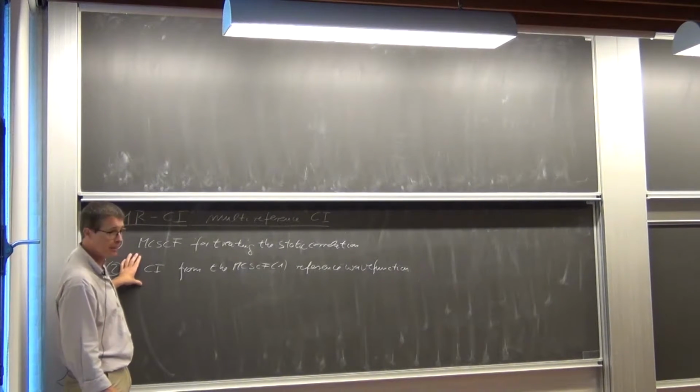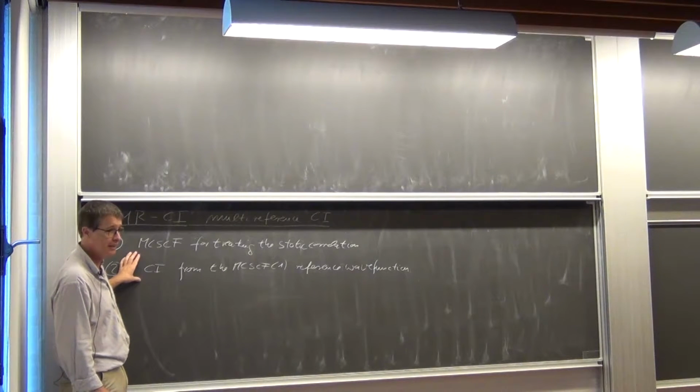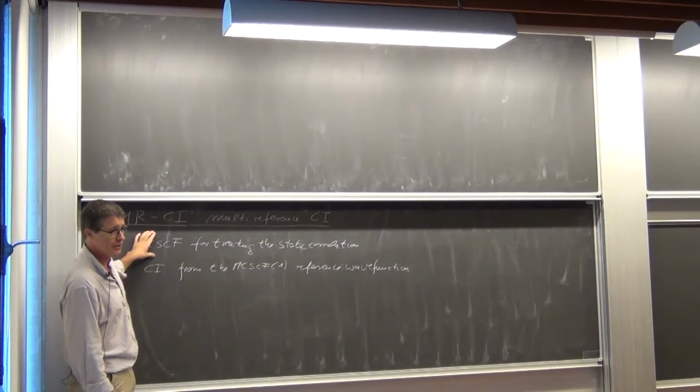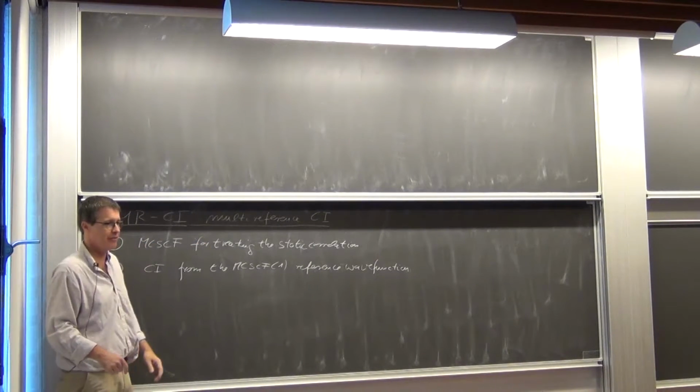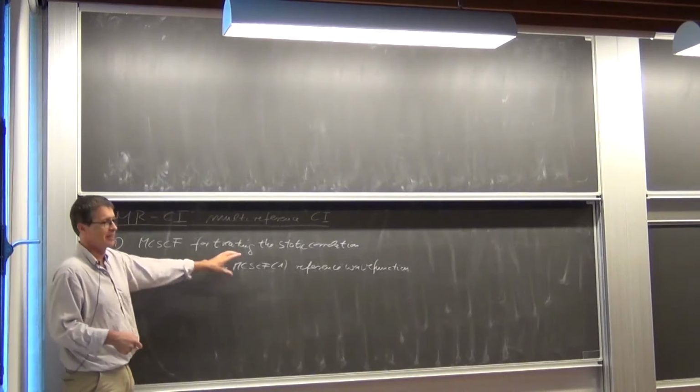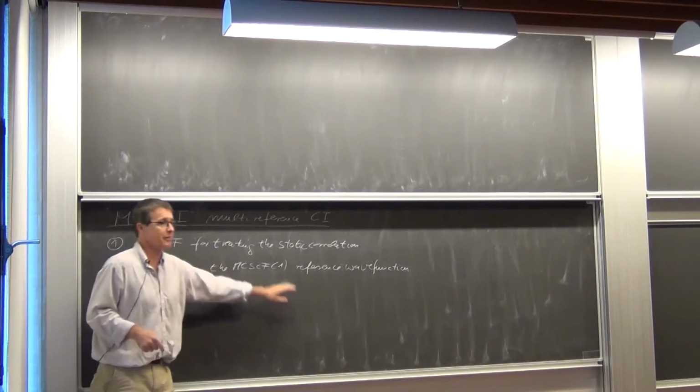And in that second part, it's a real normal CI, so I don't change the orbitals any longer. Here I adjust the orbitals to this smaller MCSCF wave function, and then I do a CI. So it's a bit like CI, except that the reference is not a single determinant, but it's an MCSCF wave function.